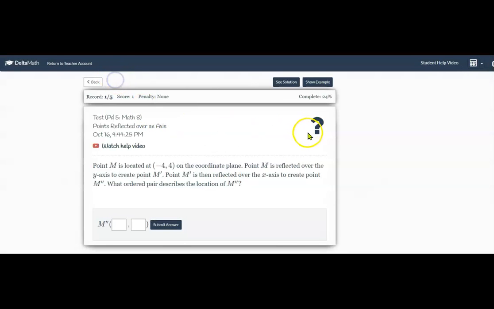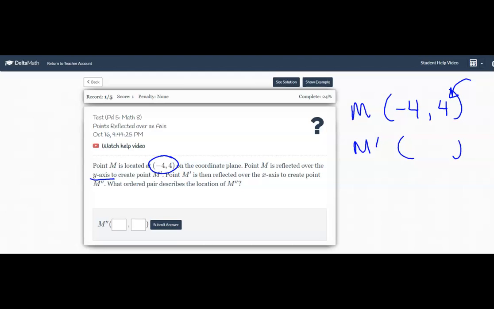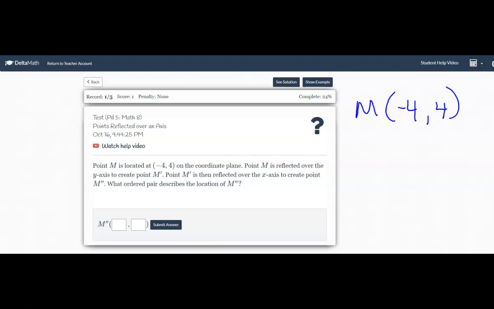Let's try that one more time. Let's look at both of these transformations. So we have our first point, M. It's -4, 4. Point M is reflected over the y-axis to create point M prime. If you reflect over y, you change the x. So positive 4, and nothing happens to the y.